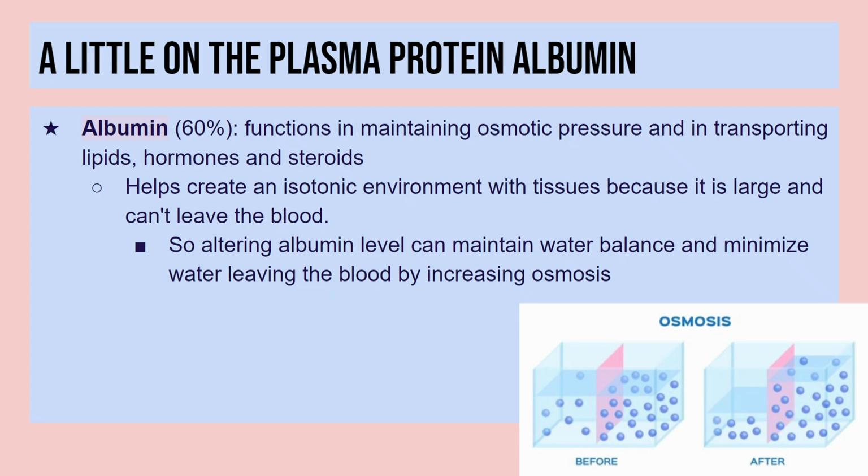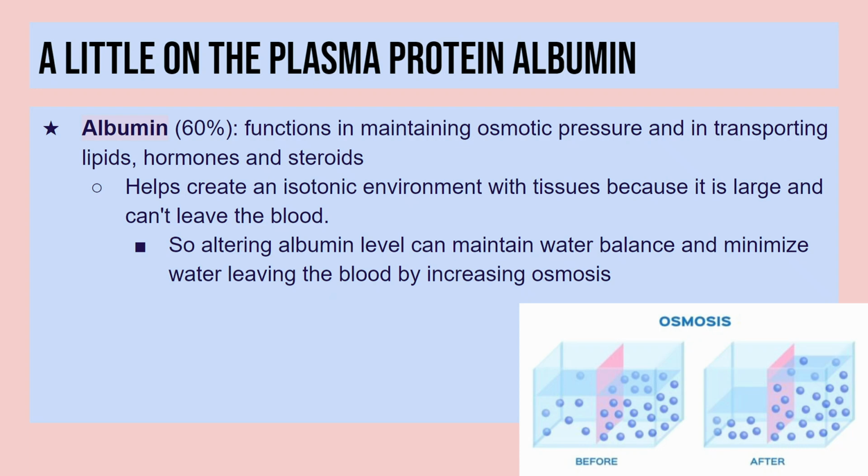So the majority of the plasma proteins in the plasma are albumin. They make up 60% of the plasma proteins. A little bit about this one is that it functions in maintaining osmotic pressure in your body. You can alter an environment by increasing levels of albumin. Water kind of comes with albumin because it can't leave the blood.